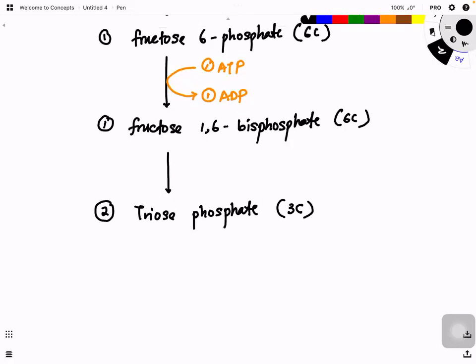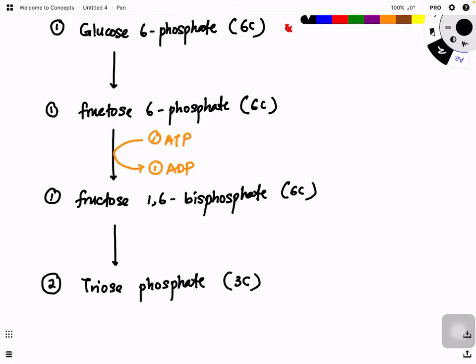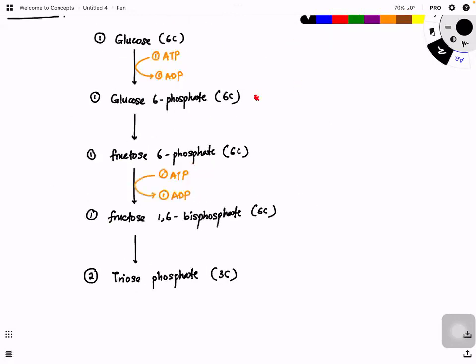The number I circled means the number of molecules. So from this part, we know that we have done the energy investment already. We spent ATP. Can you see that? So we have done the energy investment phase.